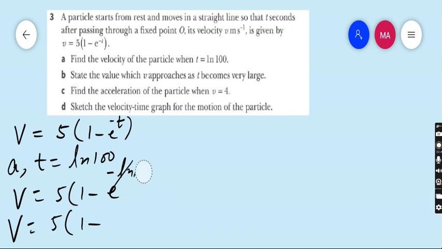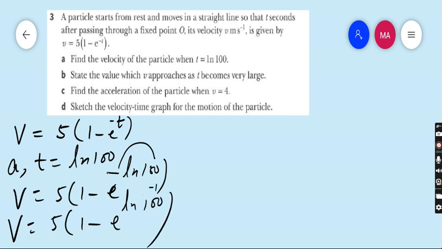Sorry, I made a mistake. Minus t. T is ln 100. So 1 minus e to the power minus ln 100. It is the property of logarithm that a power can be written before the log. So it is ln 100 power minus 1. So v equals 5 into 1 minus.